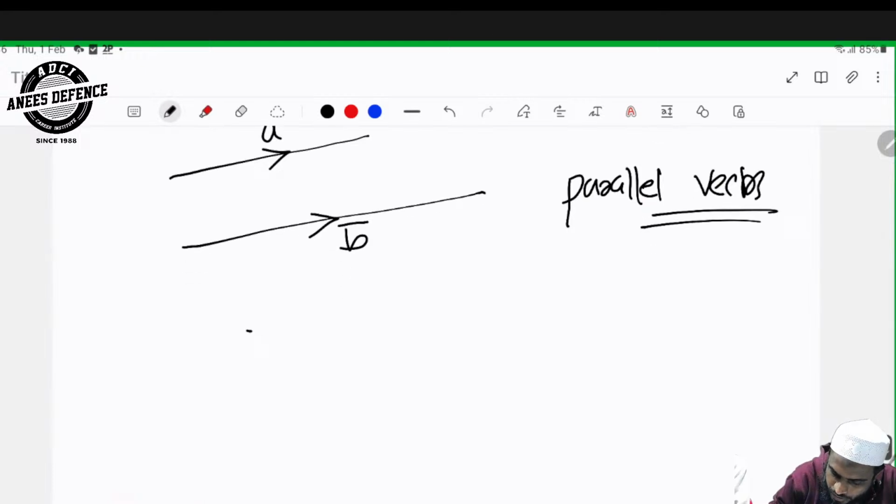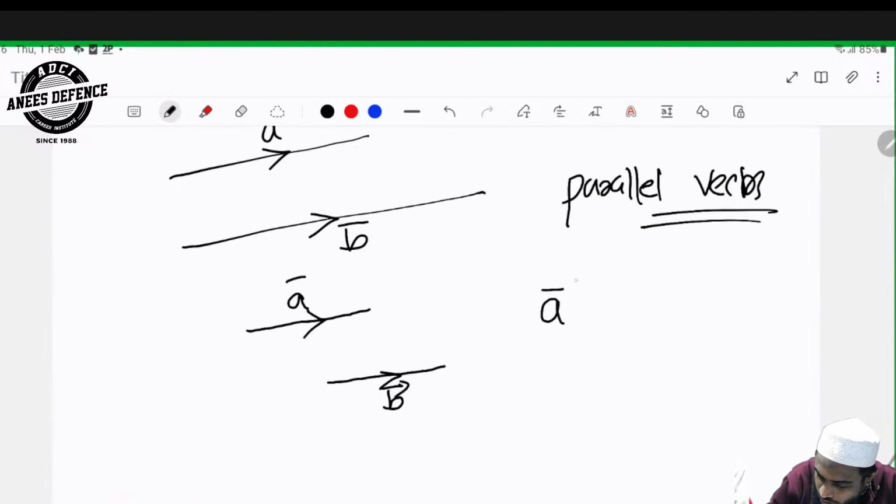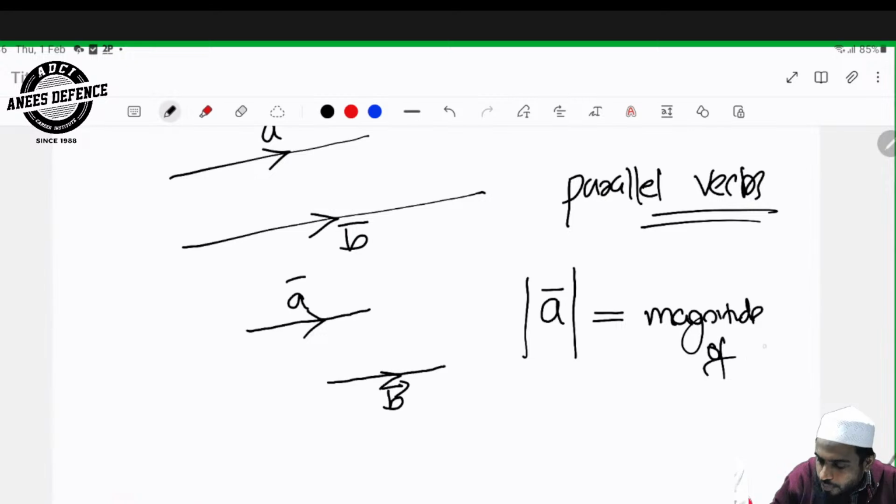Similarly, this is one vector a. Now I am going to draw another vector b such that the magnitude is represented like this. Vector a with the modulus symbol is known as the magnitude of a. Similarly, this is the magnitude of b.